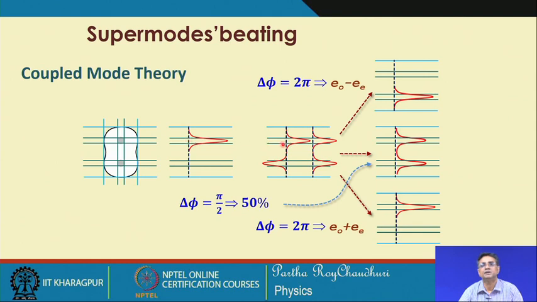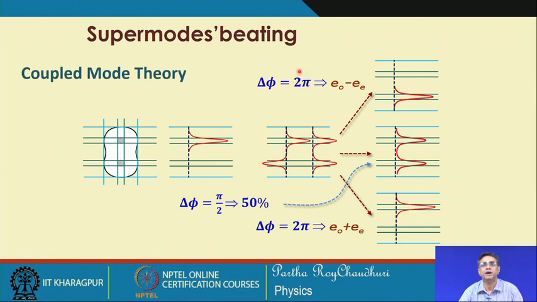So, this input light now gets divided into two modes of the complete structure, the symmetric mode and the antisymmetric mode, that is, the fundamental mode and the first order mode. They are now travelling in the waveguide. When the phase difference between these two is 0, the lobe is confined into the first waveguide, but if the phase difference is, oh there is a mistake, this should be pi, this should be pi.